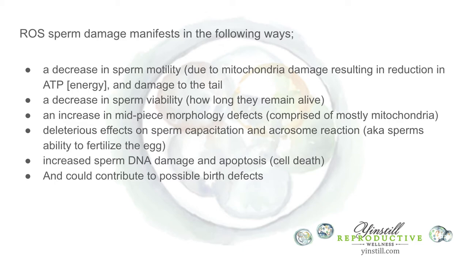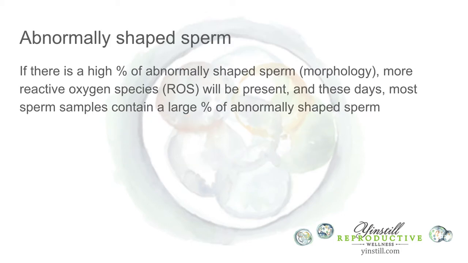An increase in mid-piece morphology defects, which is the middle part of the sperm comprised mostly of mitochondria, which produces energy to whip the tail so they can swim. Deleterious effects on sperm capacitation and acrosome reaction, aka the sperm's ability to fertilize the egg. Increased sperm DNA damage and apoptosis, or cell death, which could also contribute to birth defects.